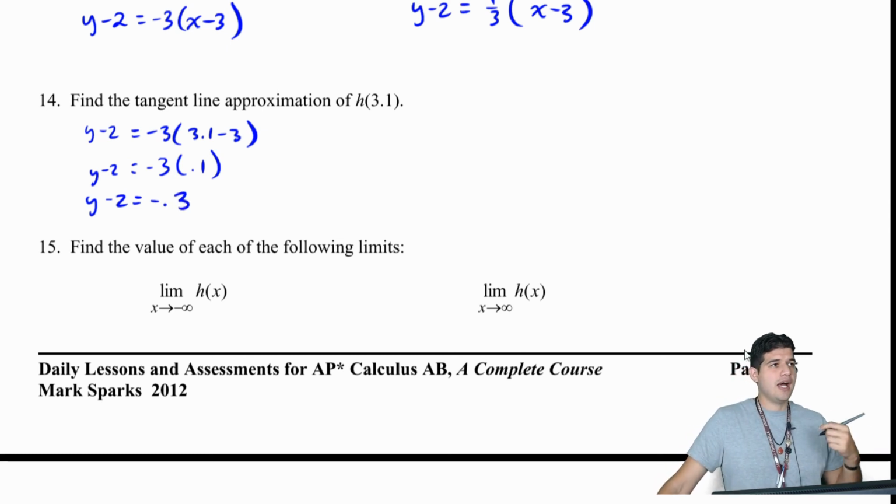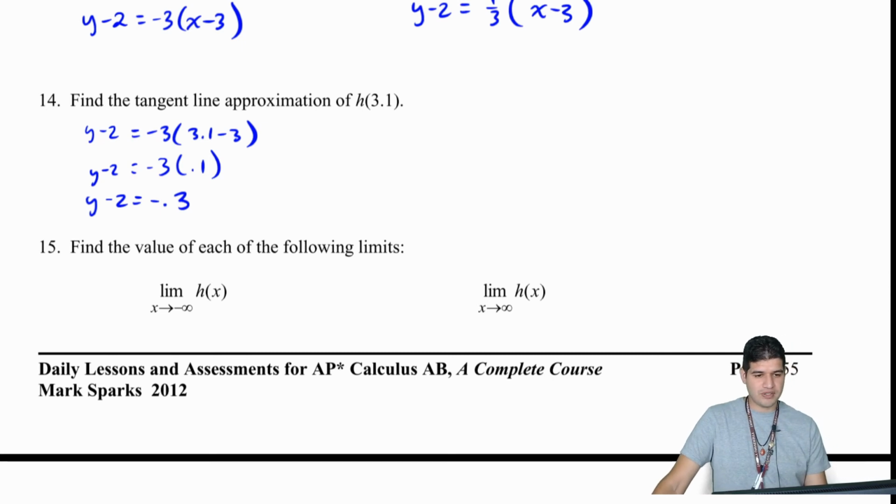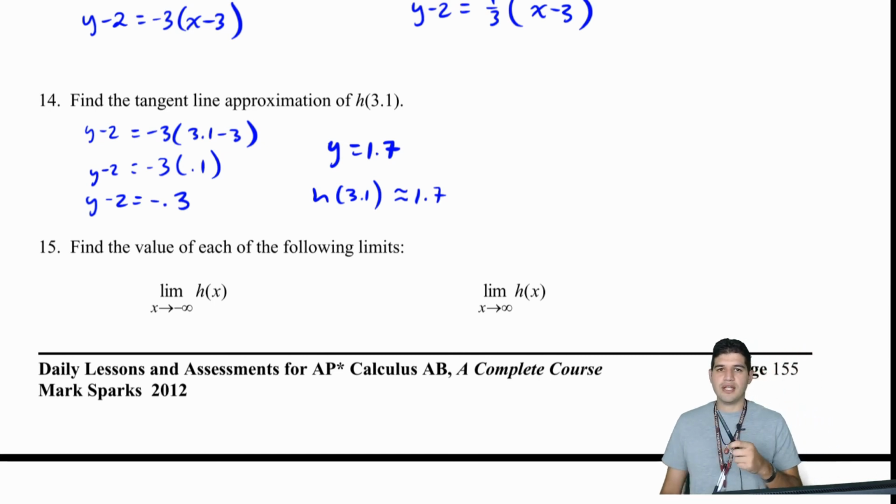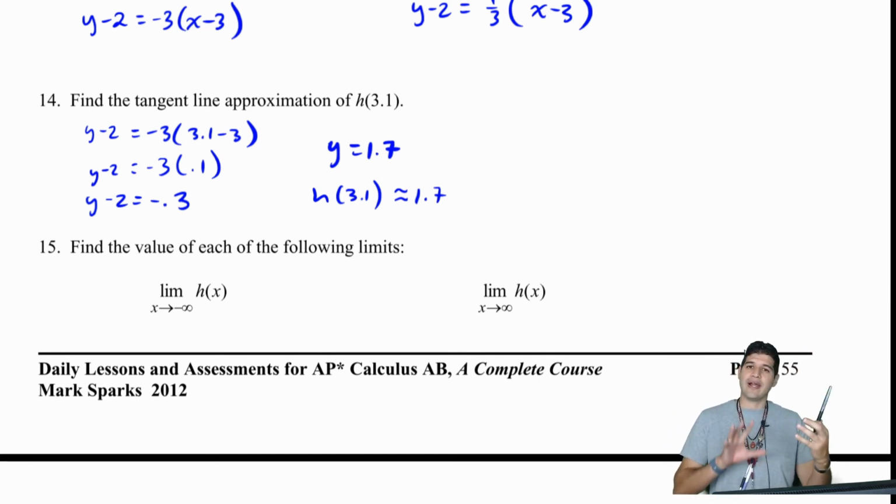That gets me 1.7, so y equals 1.7, and since this is an approximation, we'll say h of 3.1 is approximately 1.7. That's our tangent line approximation. If you're confused on that, go back to that first video where I explain in more depth why our tangent line is a good approximation for a close point.